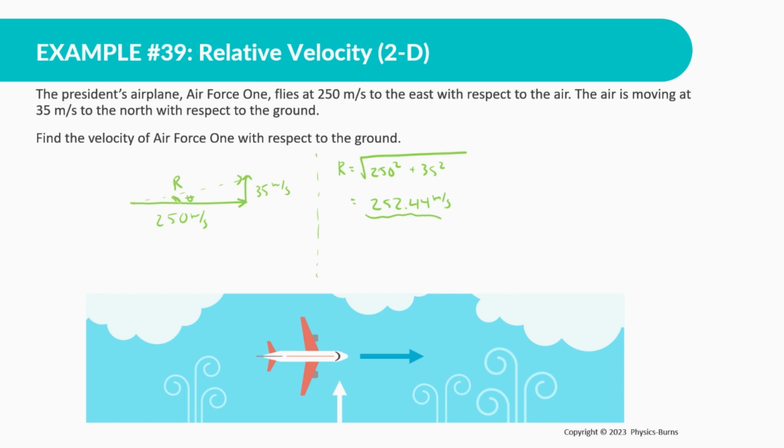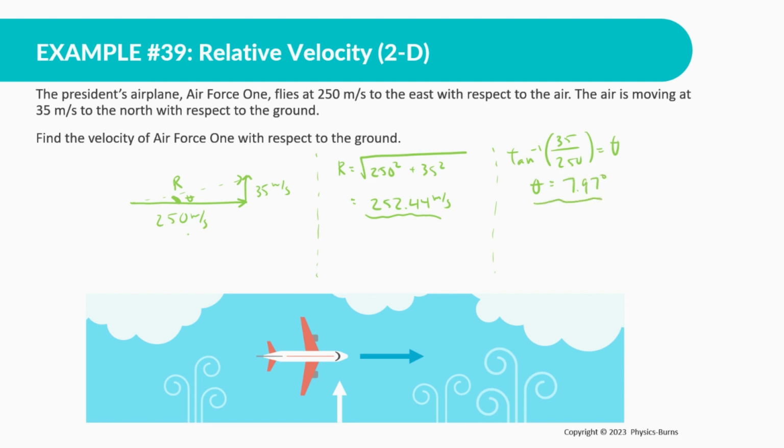And now let's find this angle. I'm going to use tangent to find the angle, TOA. So inverse of tan, opposite, which is 35, divided by adjacent, which is 250, is going to give us an angle. Inverse tan of 35 divided by 250, and we get 7.97 degrees.